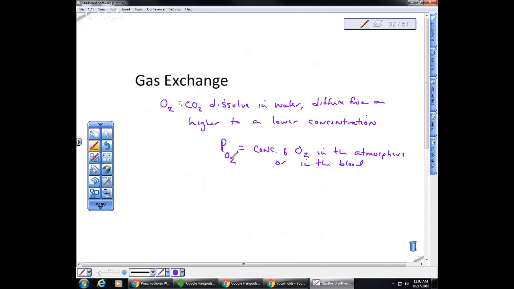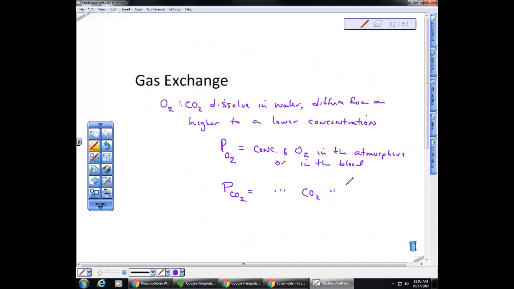Okay, so that is my partial pressure of oxygen. The same thing goes with the partial pressure of carbon dioxide, right? That would just be the concentration of CO2 in the atmosphere or in the blood. Okay. So the difference is what drives diffusion, the differences in the partial pressures.